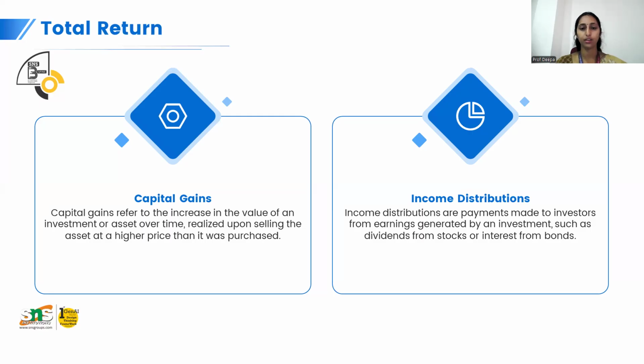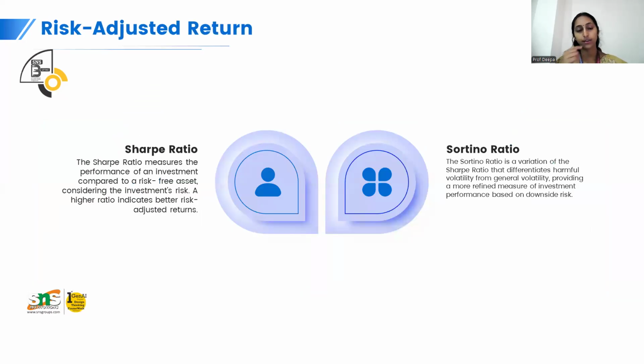Next, risk-adjusted return, with two ratios: the Sharpe ratio and the Sortino ratio. The Sharpe ratio measures the performance of an investment by comparing that investment with a risk-free asset.